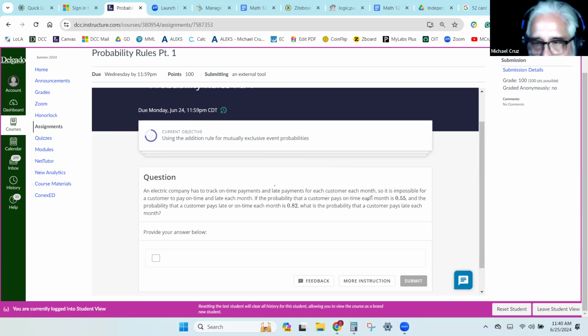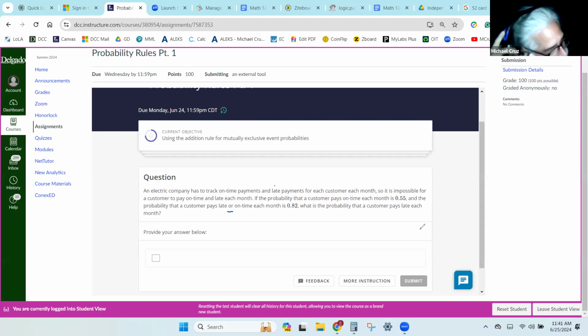For mutually exclusive, so this is adding. An electric company has to track on-time payments and late payments for each customer each month. So it is impossible for a customer to pay on time and late each month. So again, mutually exclusive. If the probability that a customer pays on time each month is 0.55, and the probability that the customer pays late or on time each month is 0.82, what is the probability that the customer pays late each month? All right, so we're going to do the same kind of thing.